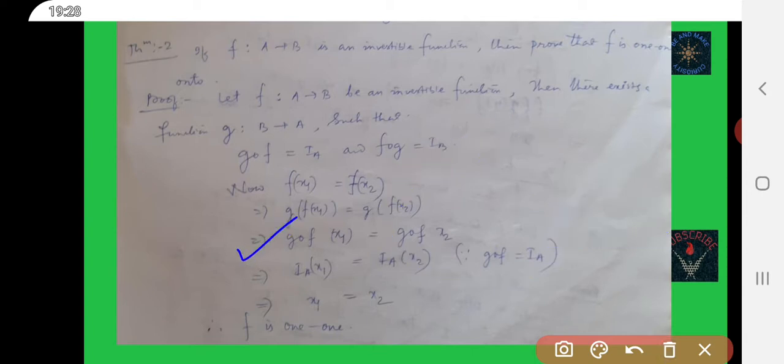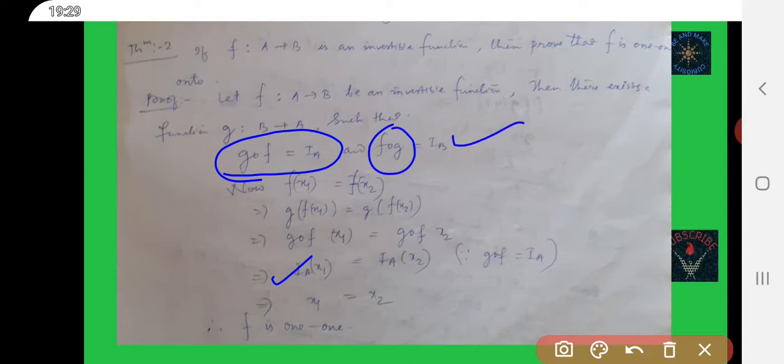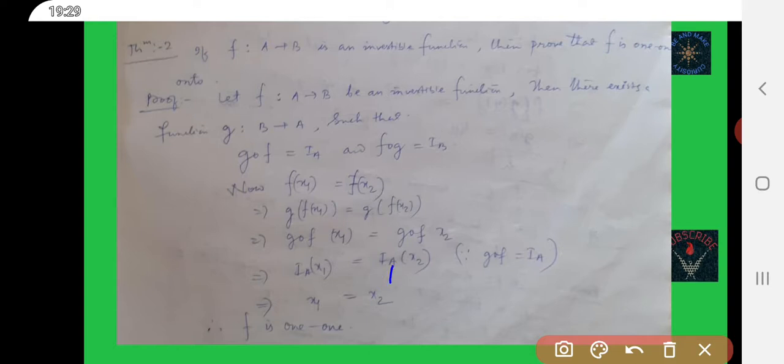So here you can write g o f of x1 equals g o f of x2, and it is already given that g o f is I_A and f o g is equal to I_B. So here you can write I_A of x1 equals I_A of x2. As the input is x1, you get x1, and here the input is x2, so you get x2, so they are equal.